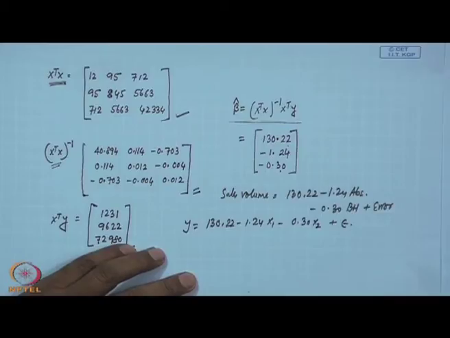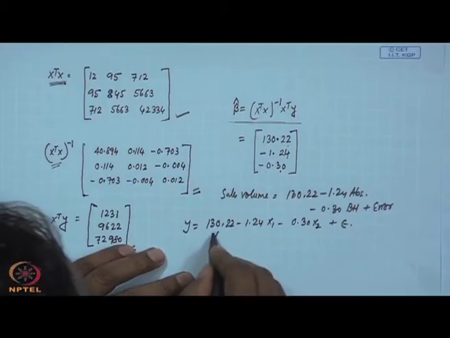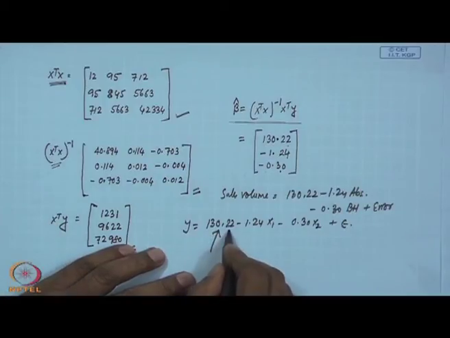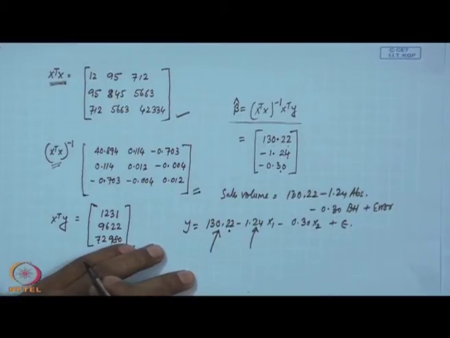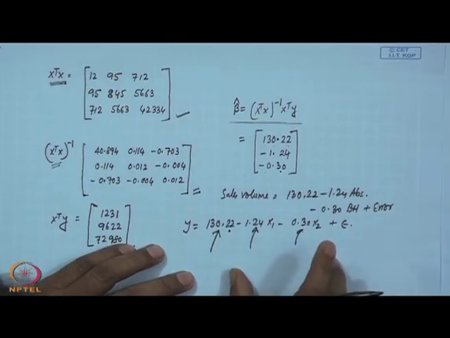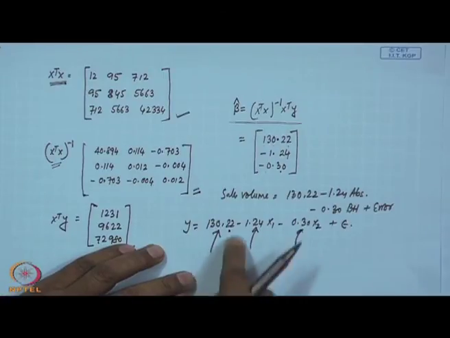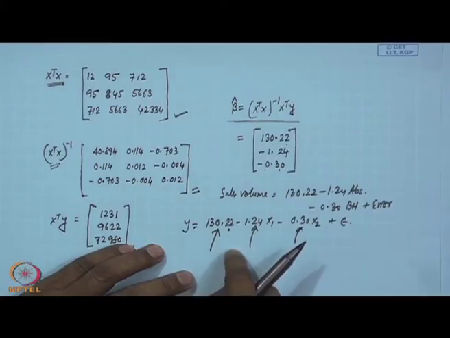Now, what do you want? We want to know whether this 130.22 is really 130.22, that it is not 0. You want to see what about 1.24, what about this, okay. And two ways we have seen that. One is that we will go for hypothesis testing, then using the t test we will see whether they are significant or not.